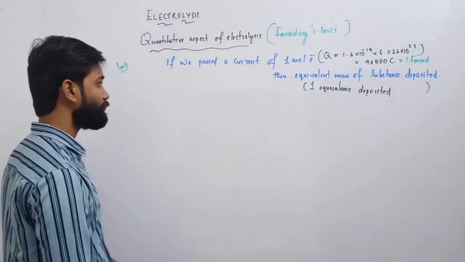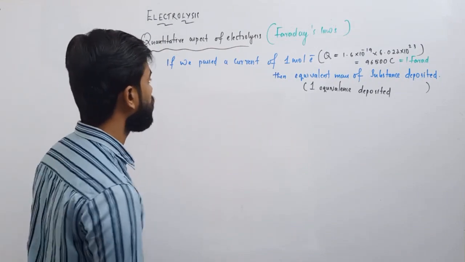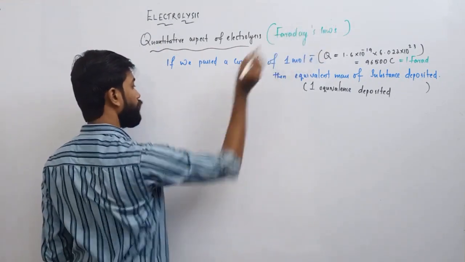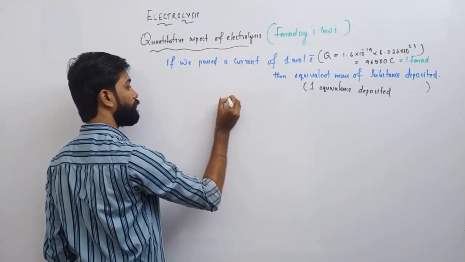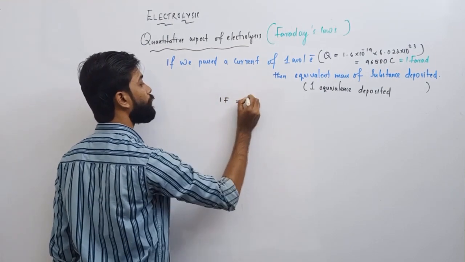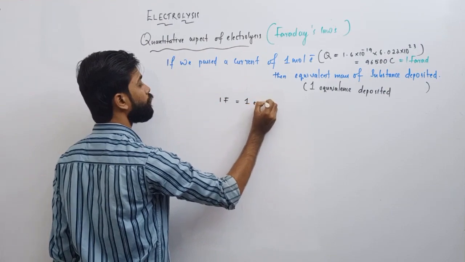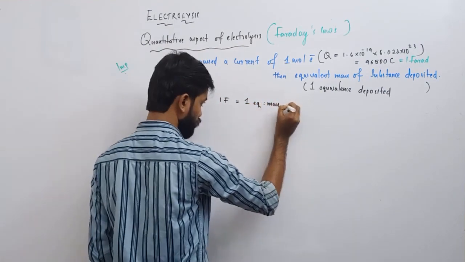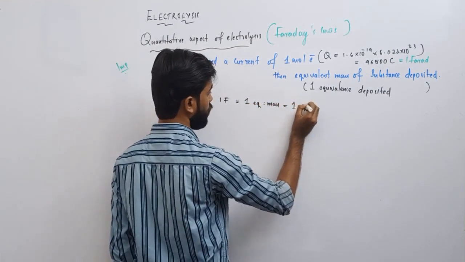Okay, fine. So simply 1 farad is equal to 1 equivalent mass, which means 1 equivalence.